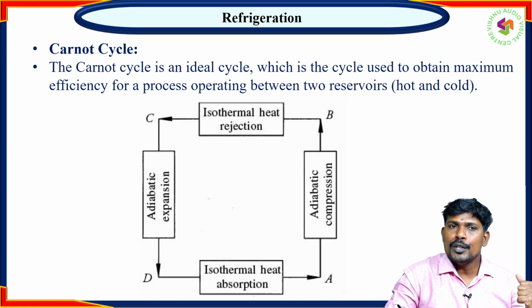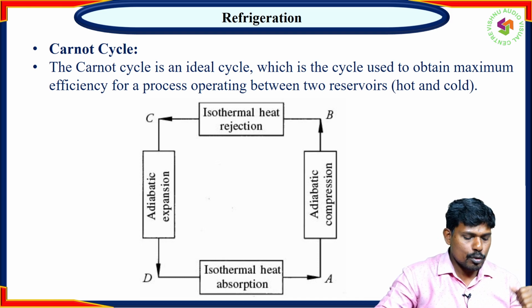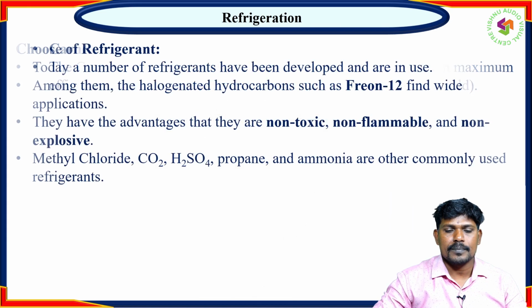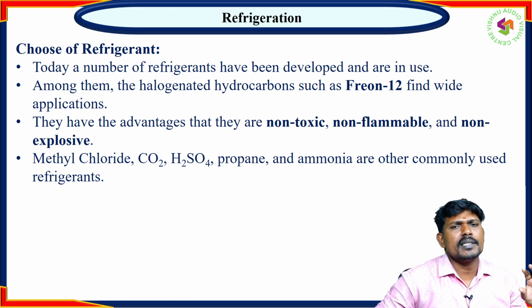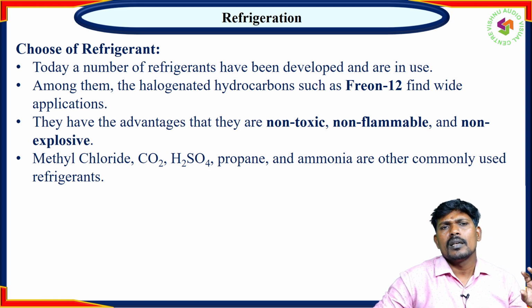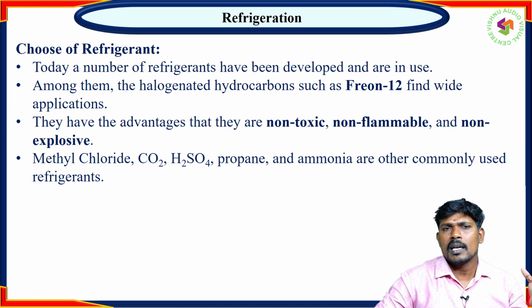When you do the refrigeration process using the refrigerant in this manner, you will get the maximum efficiency. Now, choosing a refrigerant. A lot of research has been done on refrigerants, so a number of refrigerants are now available in the market.